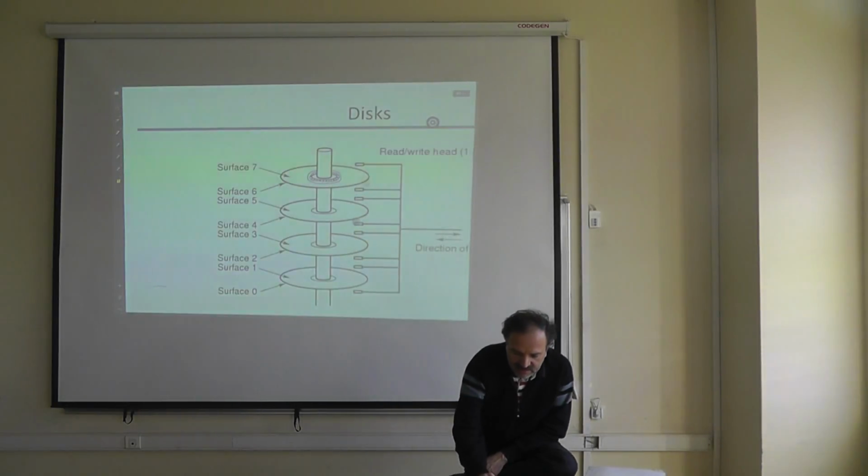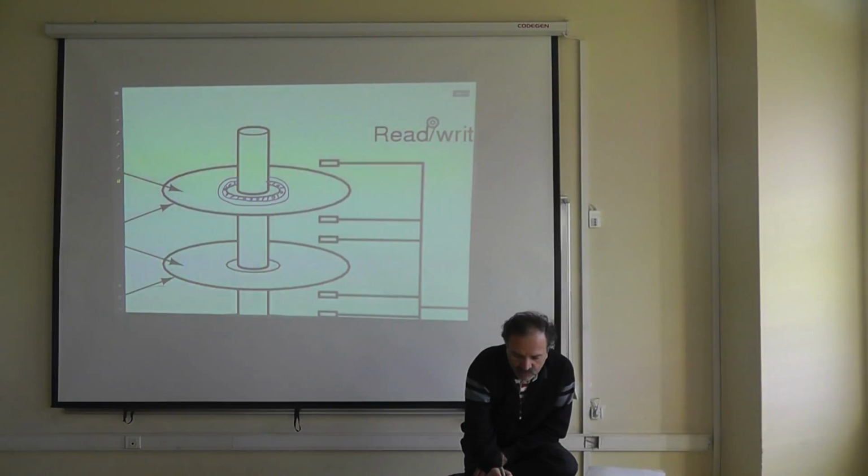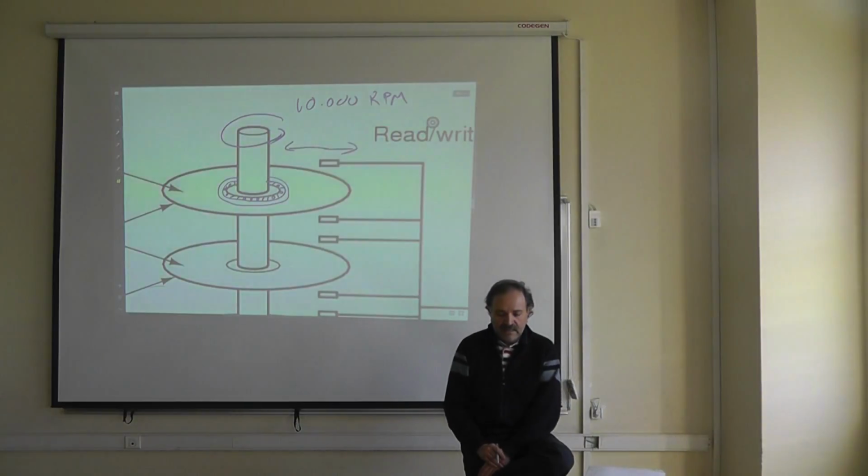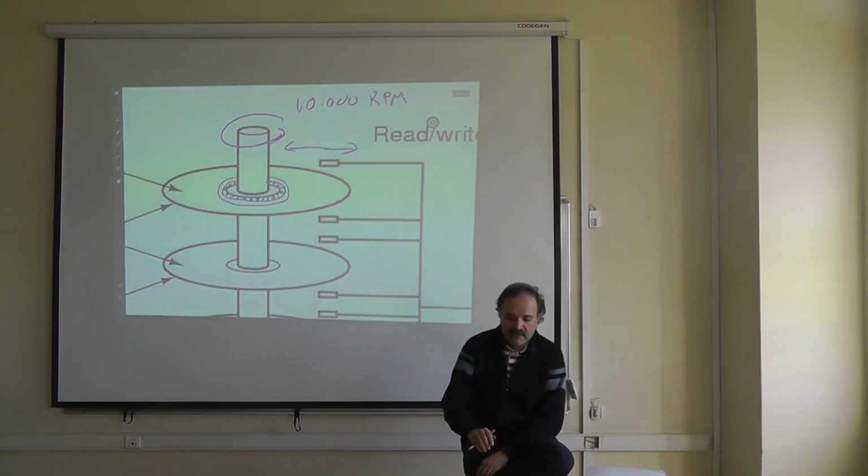And these heads, read-write heads, they move in and out. And while this spins at a very fast rate, like 10,000 RPM, 10,000 rotations per minute, I can read my data or write my data.